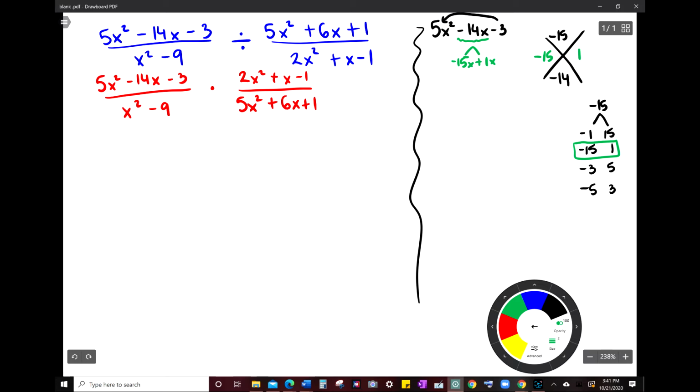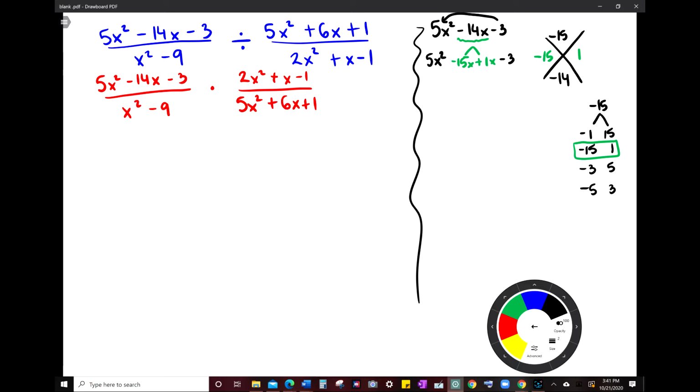You see that the negative 15 and 1 help you change the form of negative 14x into negative 15x plus 1x, which is still equivalent to negative 14x. And then for 5x squared and negative 3, you just bring them down. So 5x squared, we didn't change anything, and then minus 3. And now you have 4 terms.